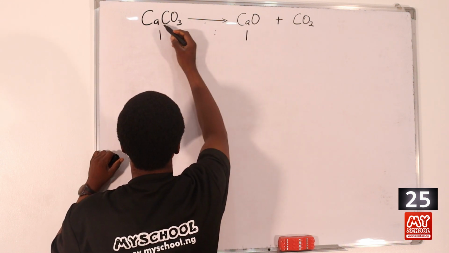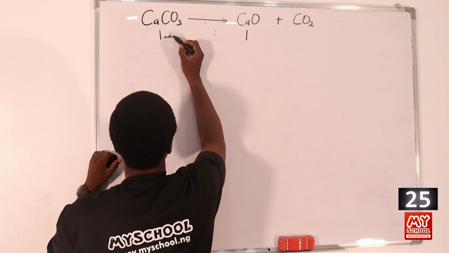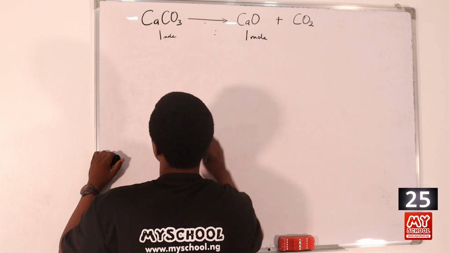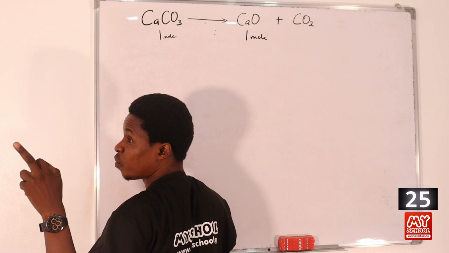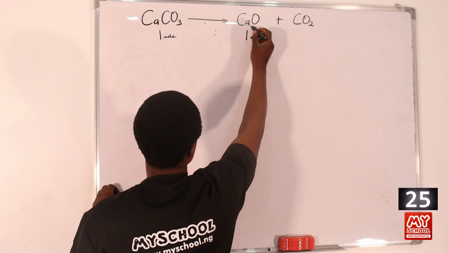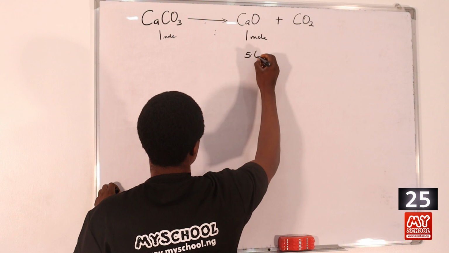When you balance this stoichiometrically, 1 mole of calcium carbonate will produce 1 mole of calcium oxide. But the question says how many moles of limestone will be required to produce 5.6 grams of calcium oxide. So I will write here 5.6 grams.